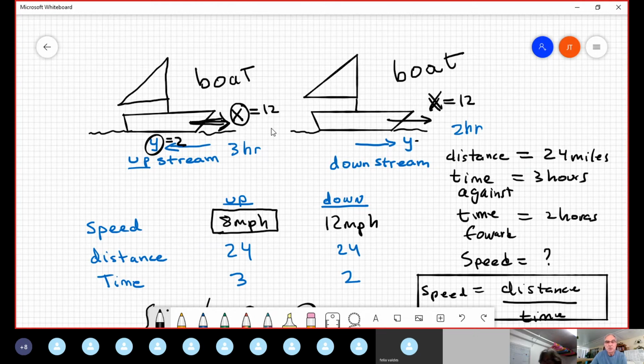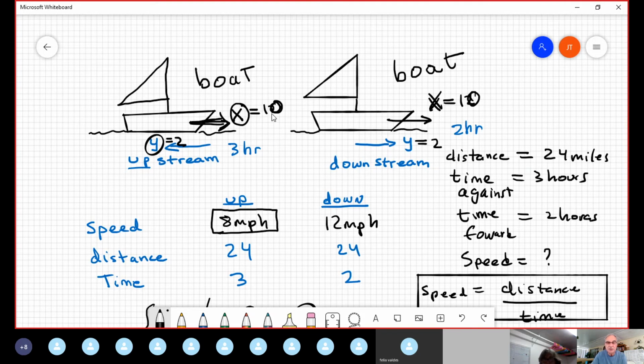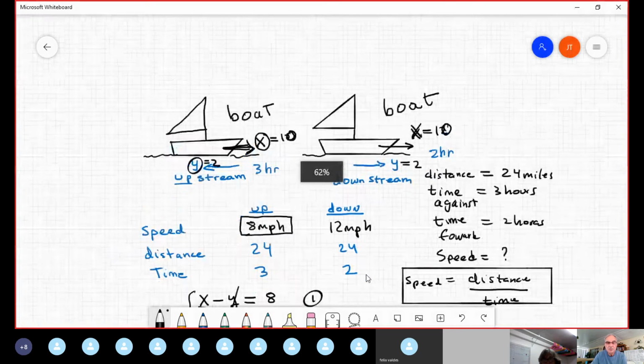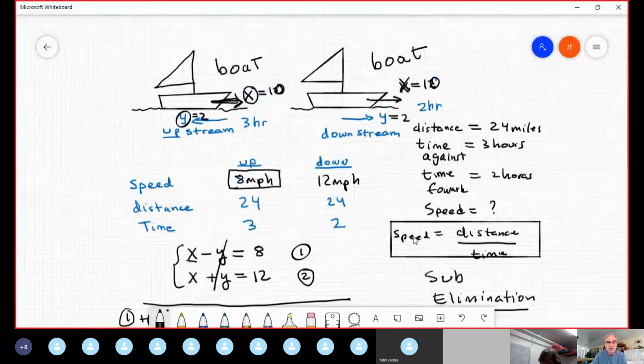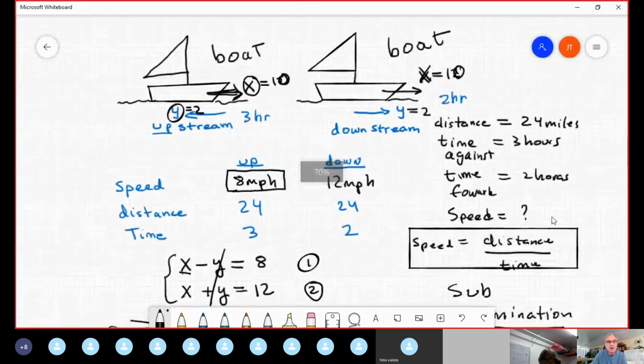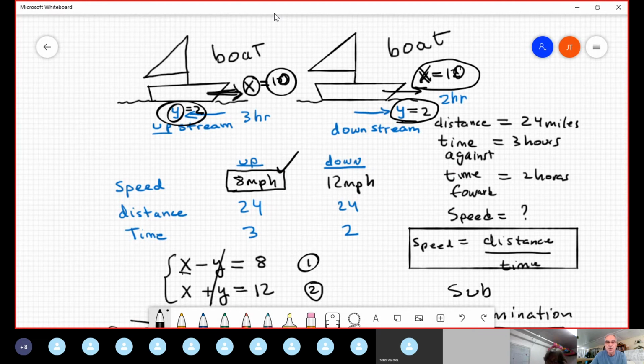No, sorry. This was 10, no? X is 10. Look, X is 10. In the first situation, I have 10 minus 2, is 8. Like that. In the second situation, we have 10 plus 2 is 12. Like that. End of the story.